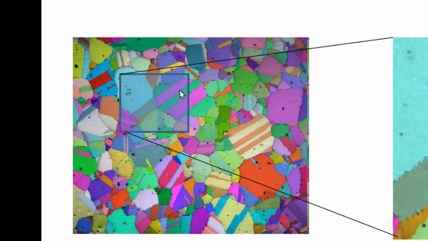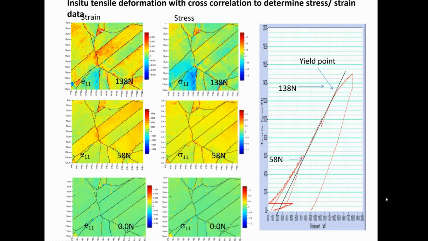But what I want to show now is I take this detail in the micrograph and increase the magnification on the microscope so it fills the whole screen. And I said I'm interested in the grain boundaries, and we would like to know what the strain is at the grain boundary. So if we look at the next slide, it shows an in situ experiment going on in the microscope.